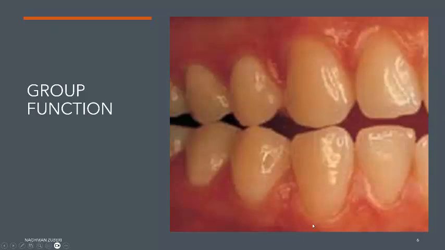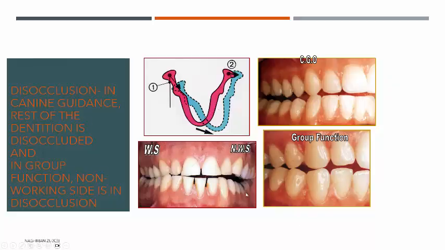That is again disocclusion. Disocclusion in canine guidance: what is going to happen? The rest of the dentition is disoccluded, and in group function, the non-working side and anterior teeth will be out of occlusion or in disocclusion.